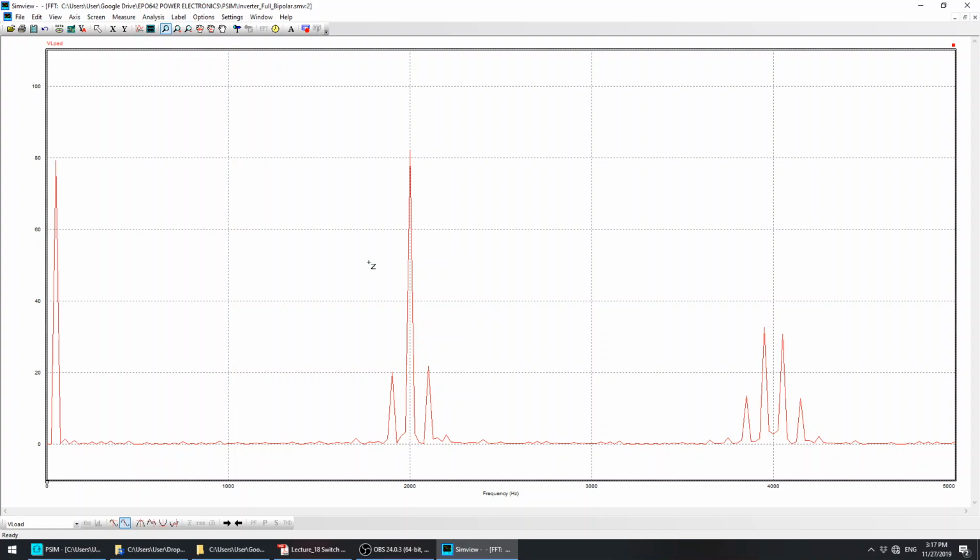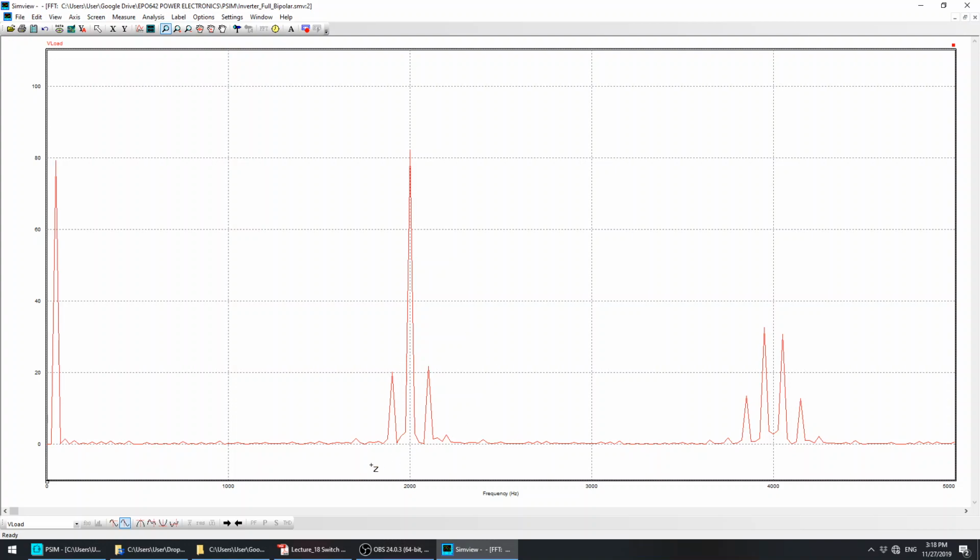For the 80 volts here, there are no low order harmonics, but we only have harmonics at the switching frequency. Sorry, there are harmonics at the switching frequency and its odd multiples.